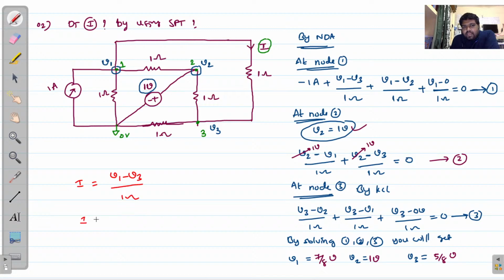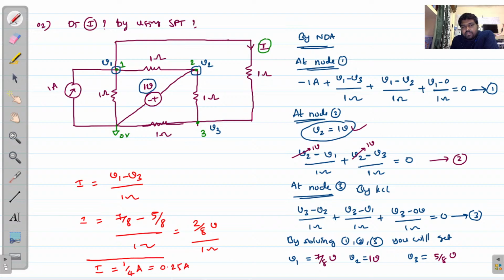Here V1 is 7 by 8 and V3 is 5 by 8, by 1 ohm. 7 by 8 minus 5 by 8 is 2 by 8 volts by 1 ohm, so you get 1 by 4 amperes, which equals 0.25 amperes. This is the current flowing from the first node to the third node.